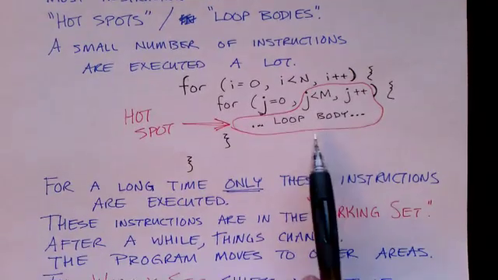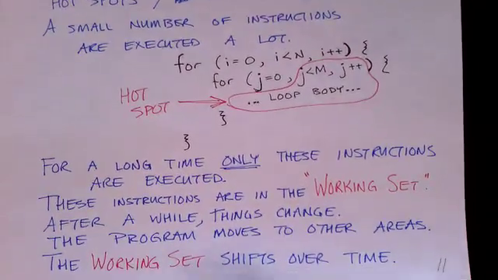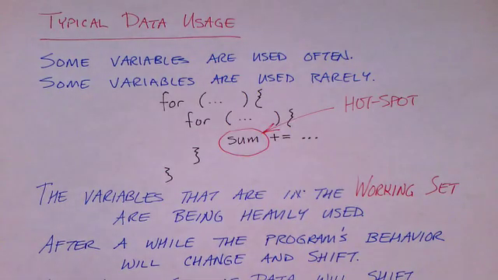And then later on, the working set will shift over time as the program moves on to other areas and executes different instructions. I just talked about a working set in terms of instructions, where you have a small number of instructions that are executed over a long period of time, and other instructions are not really used.